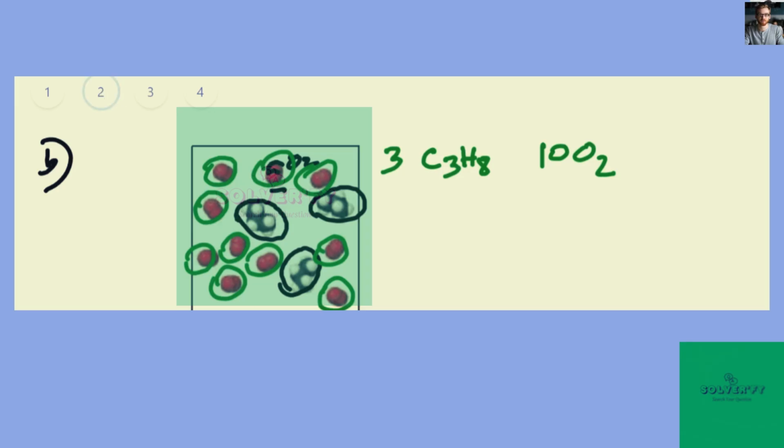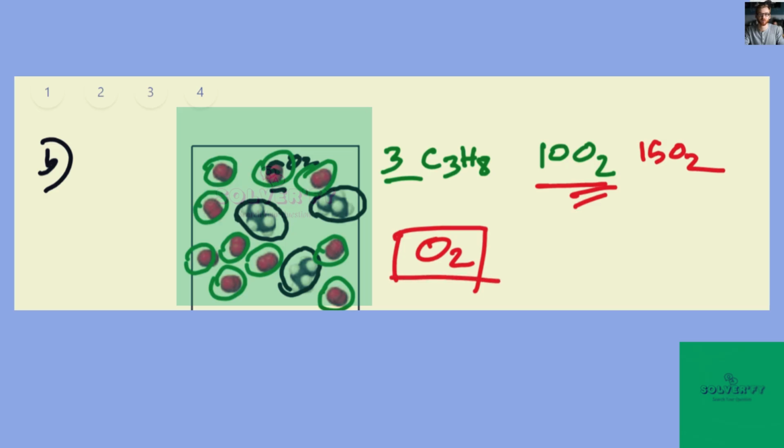That means for 3 propane, we need 3 times 5, 15 oxygen. We need 15 oxygen, but we have 10. That means in this reaction, the oxygen will be consumed completely first. And that's why oxygen is the limiting reactant here.